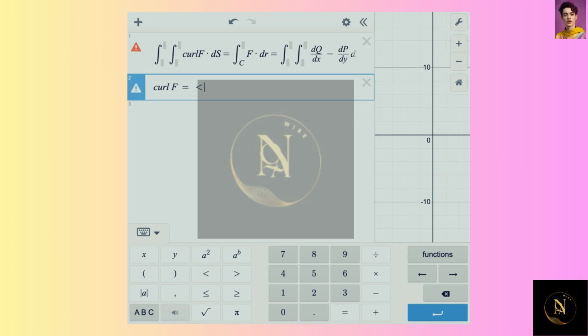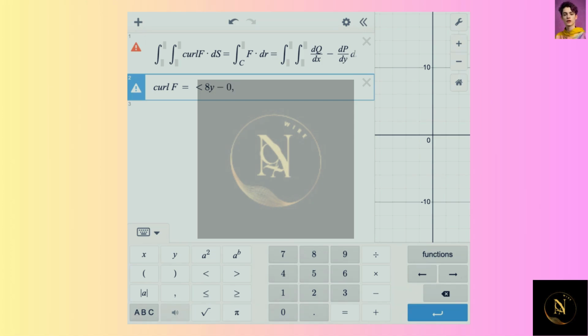We are given F to be the vector z squared, 2xy, 4y squared. So that means that the curl of F will be equal to the partial derivative of r with respect to y, so that will be 8y, minus the partial derivative of q with respect to z.